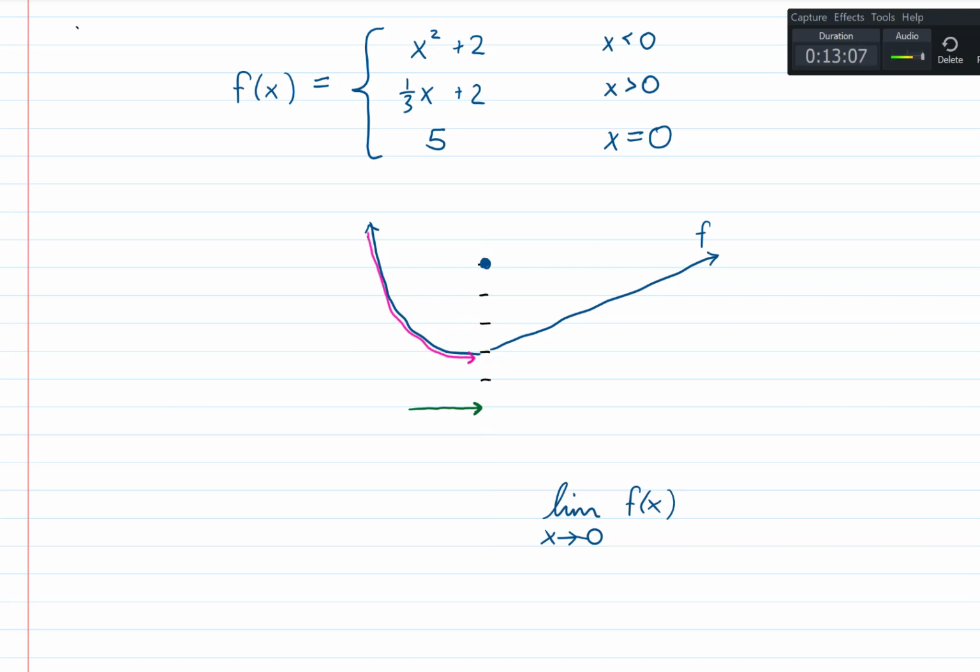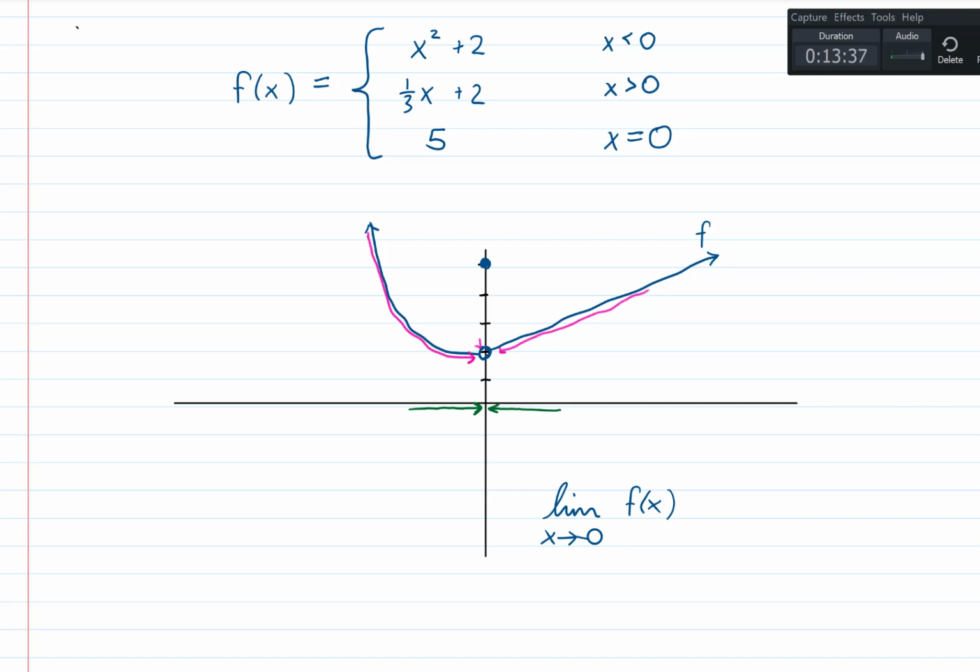Now, let's look at the other side. As x approaches 0 from this side, the graph is coming down here and is approaching that same y value, isn't it? So just looking at the picture alone, I'll show you how to actually do the calculations. But right now, all we're doing is just looking at the graph.